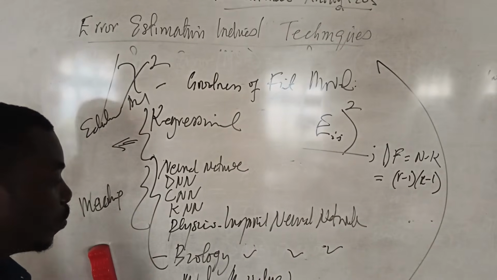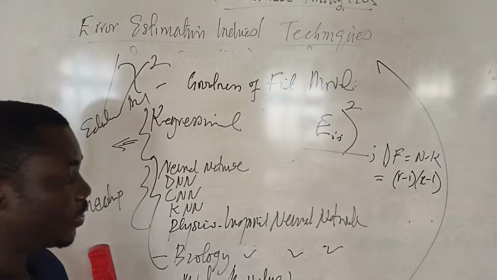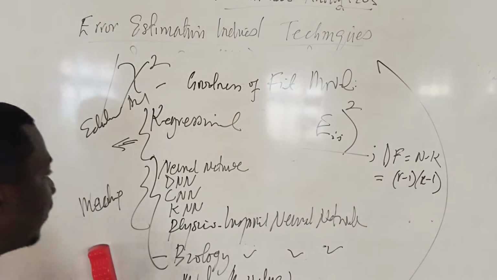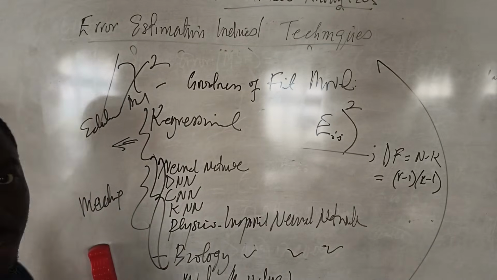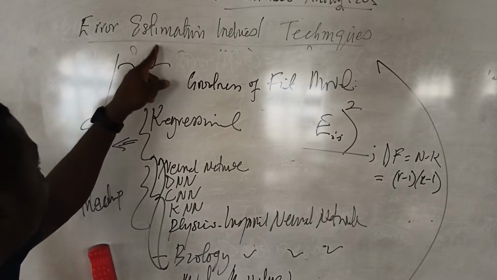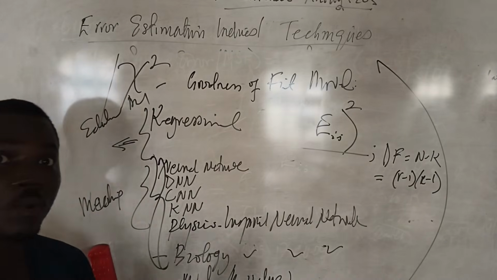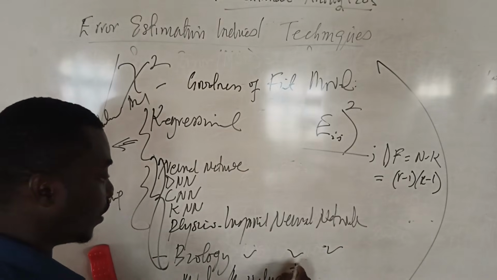How will you be able to know if the new model you have created is functional or efficient? It will be through comparing it with the existing ones. And how will you compare it with the existing one? It is the estimation indices that will help you to do that. I think that is the main essence of the lecture.